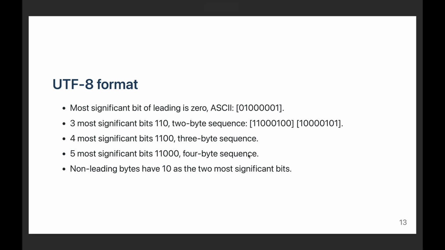We call them continuation bytes. When we have exactly 2 most significant bits set, then we have a 2-byte sequence. When we have exactly 3 most significant bits set, then we have a 3-byte sequence. When we have exactly 4 most significant bits set, then we have a 4-byte sequence.